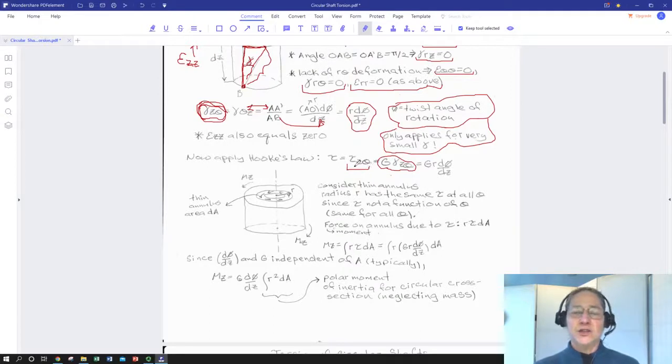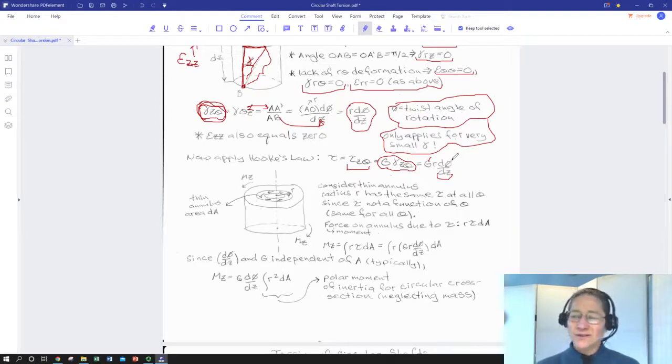So we can say our shear stress in the z theta direction is going to be equal to our shear modulus times the radius times our angle of twist per unit length. Okay, so now we have shear stress, modulus, radius, twist angle per unit length on the shaft.